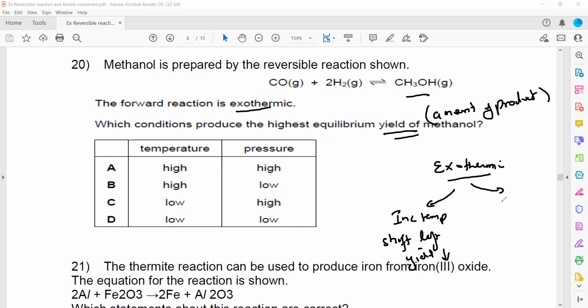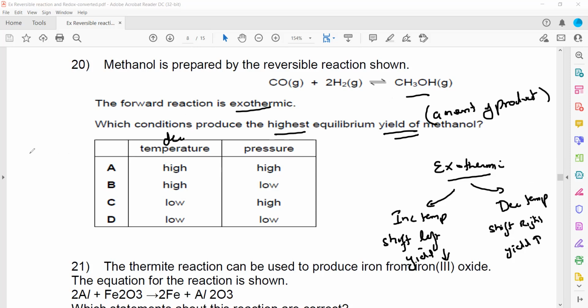But for an exothermic reaction, if we decrease the temperature, equilibrium will shift towards the right hand side, and the yield will increase. We want the highest yield. So for an exothermic reaction, for temperature, what should we do? We should decrease.